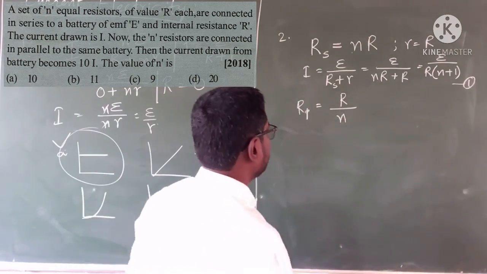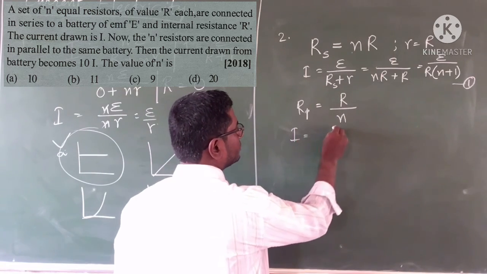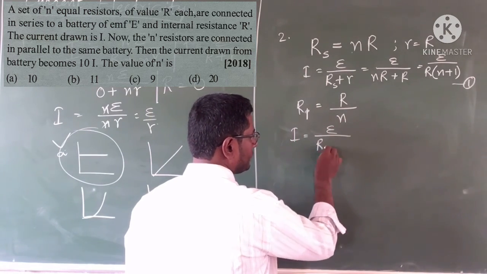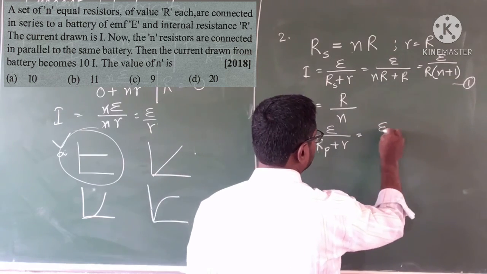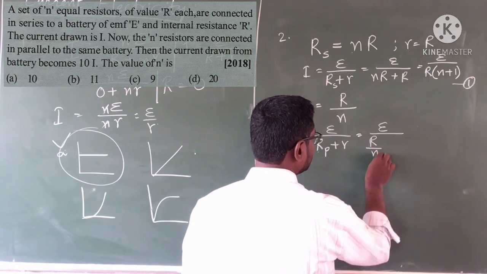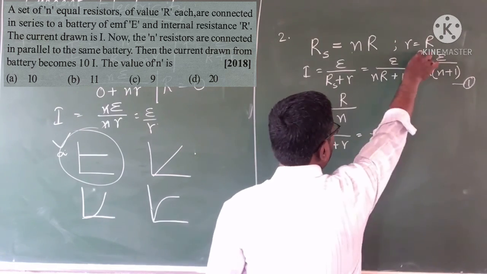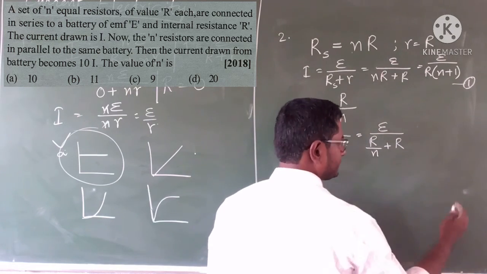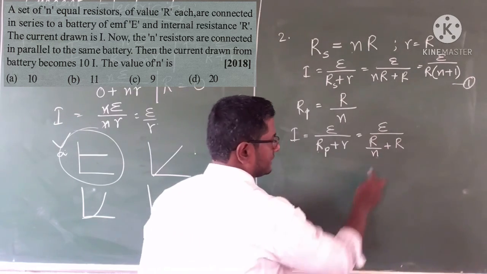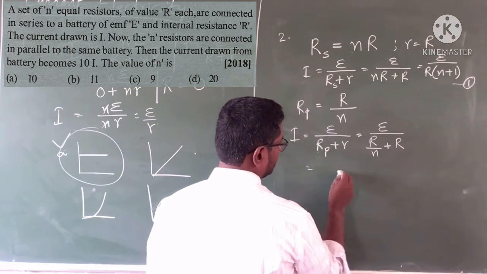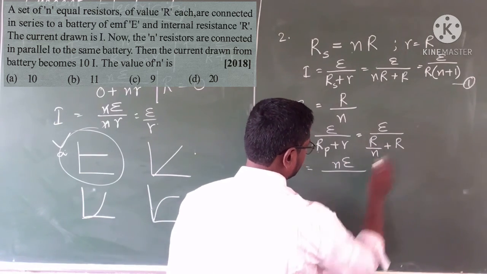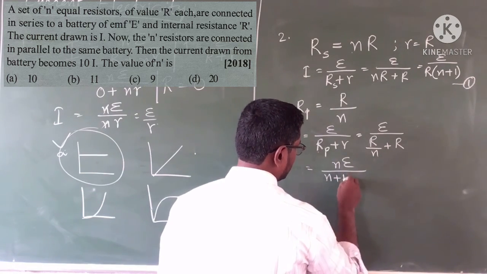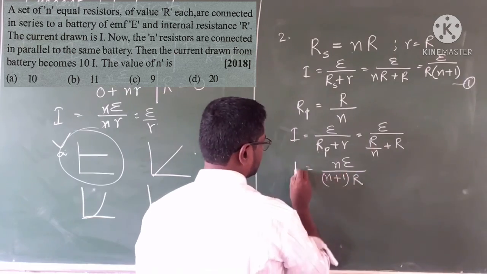Now again the current equation will be same. I equals epsilon divided by Rp plus r. If I substitute this Rp, it will be epsilon divided by R by n plus that small r is again capital R. So I can take the LCM, so it is going to become n times epsilon divided by, this n is going to appear here, so again it will be n plus 1 times R. So this is my current.